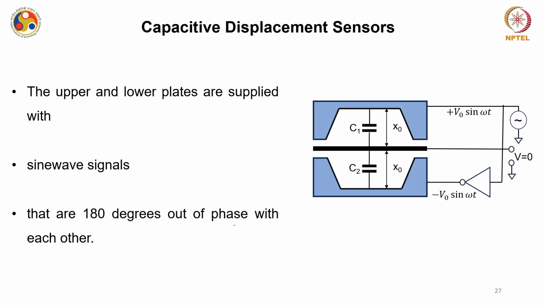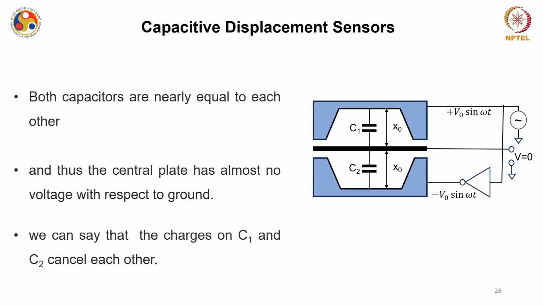Okay, now as I have mentioned, the upper and lower plates are supplied with a sine wave signal in the form of V naught sin omega t, and they are 180 degrees out of phase with each other. Both the capacitors are nearly equal to each other, so C1 initially is equal to C2.